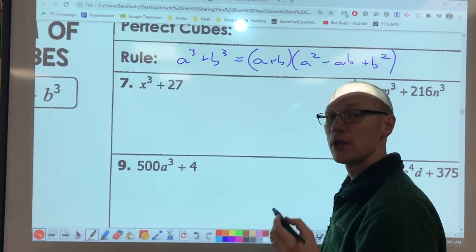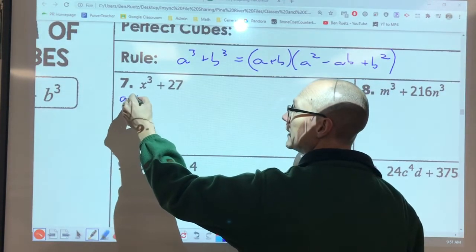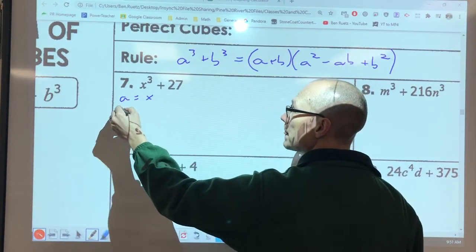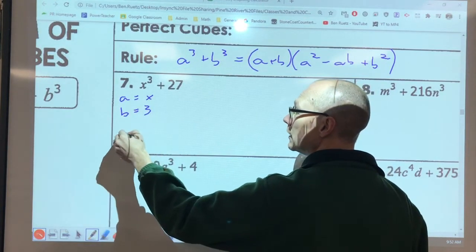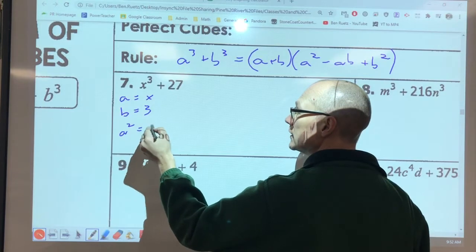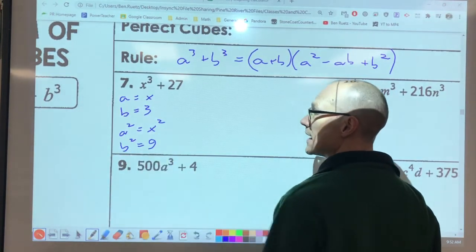27 is 3 cubed. So this right here, a is x and b is 3. a squared is x squared, b squared is 9.